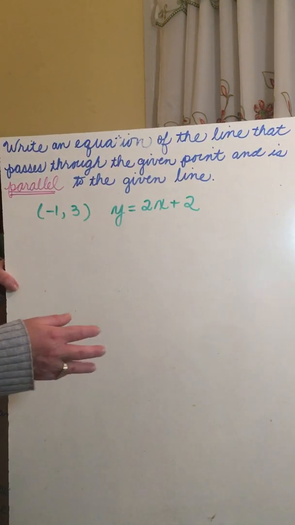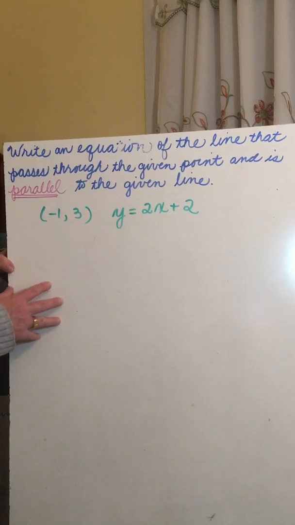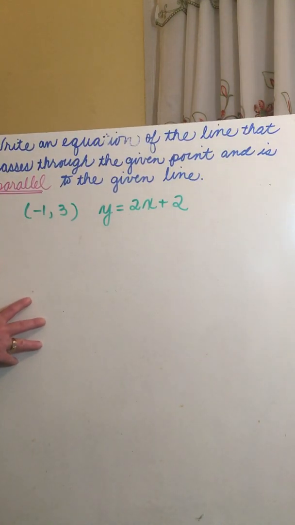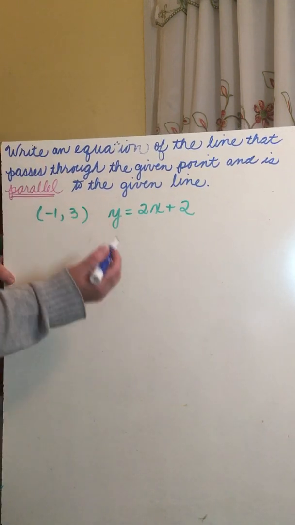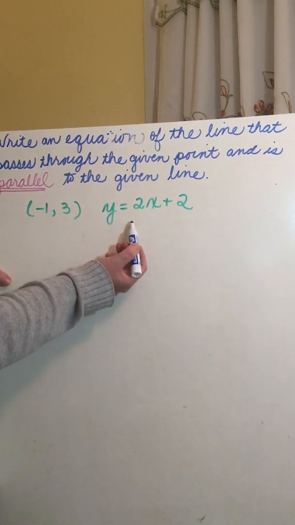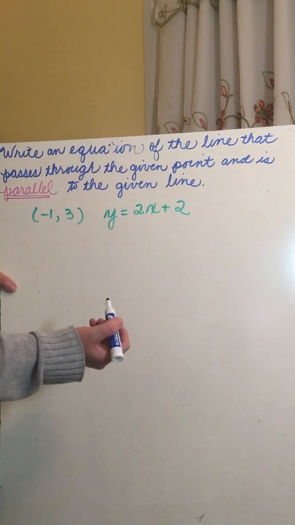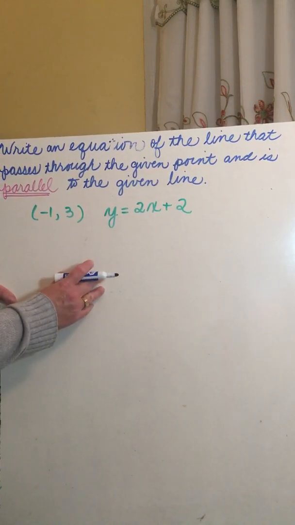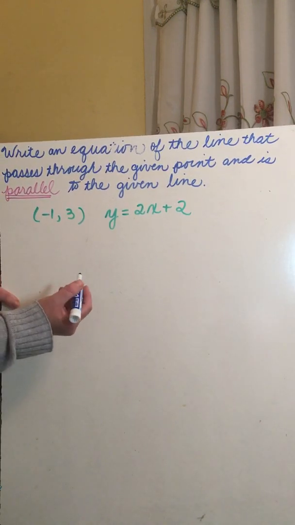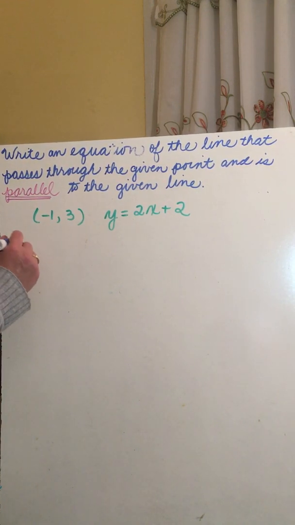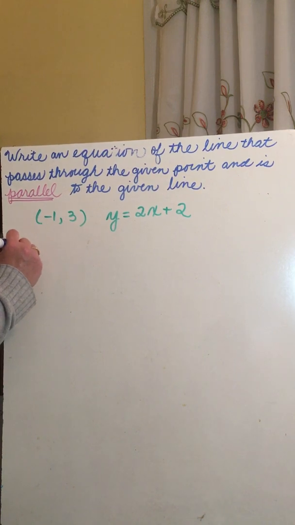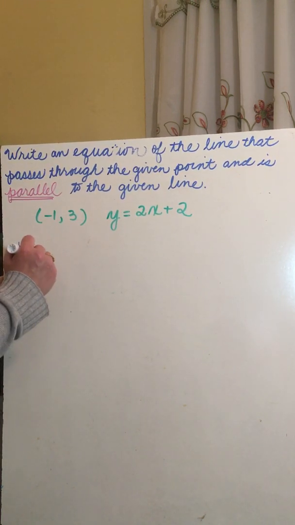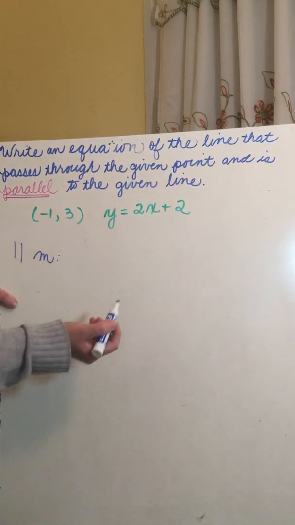So the good news is that not everything we're doing in this lesson is brand new for you. The first thing that you have to do is make sure that your equation is in slope-intercept form, and it is. The next thing that you have to do is identify what the slope is.